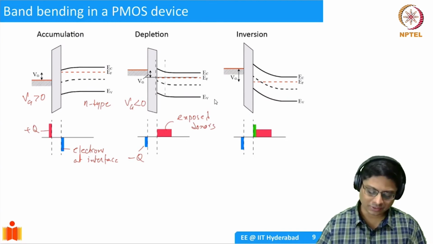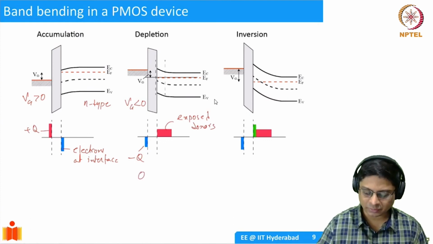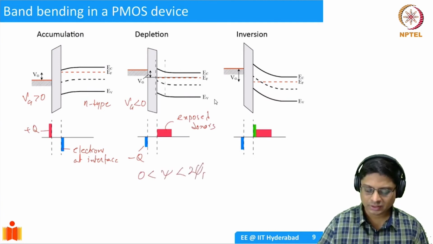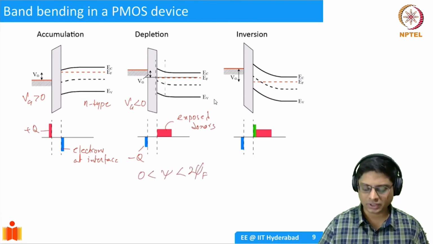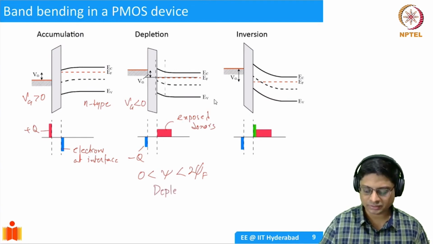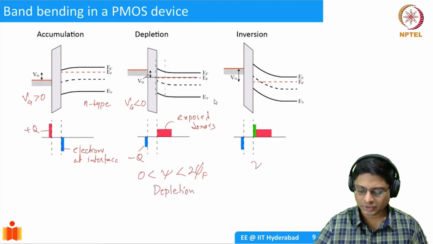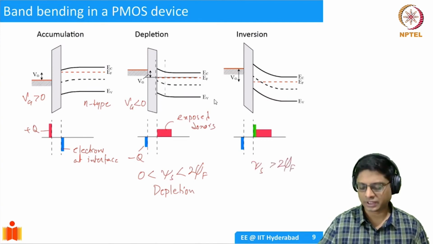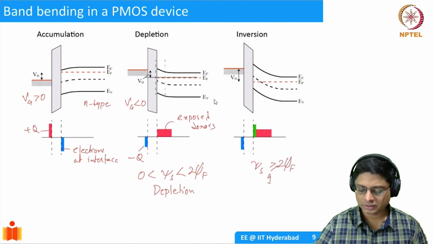One of the ways of representing depletion is when your surface potential is between 0 and 2 phi f. This we call the depletion region. When the surface potential is greater than or equal to 2 phi f, we call it inversion.